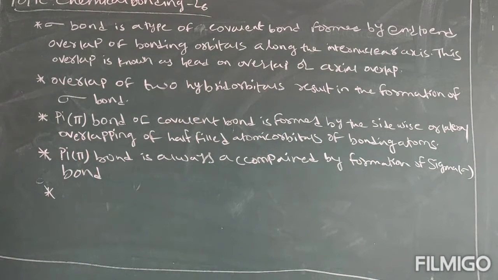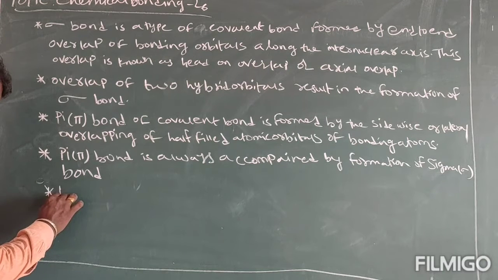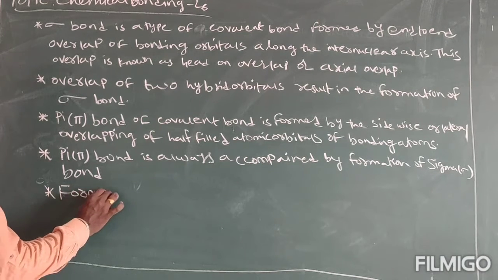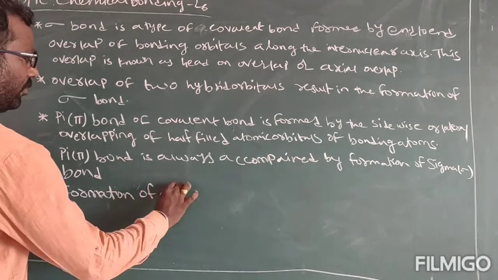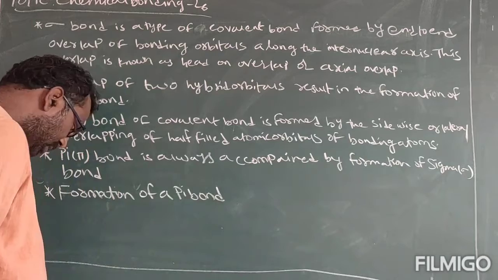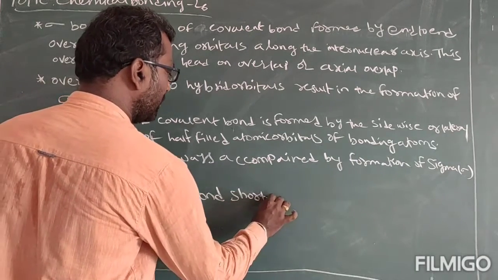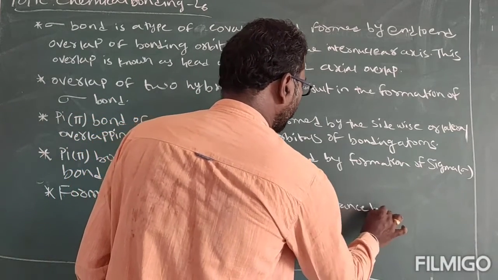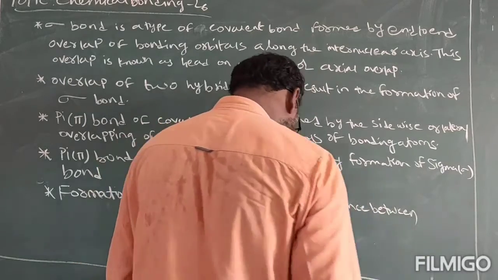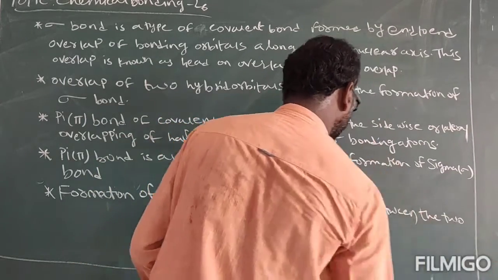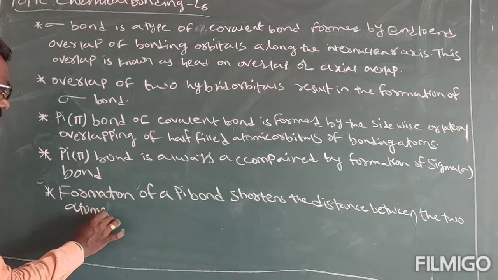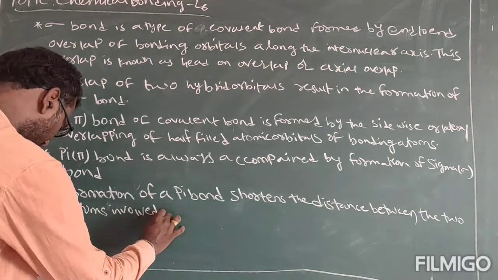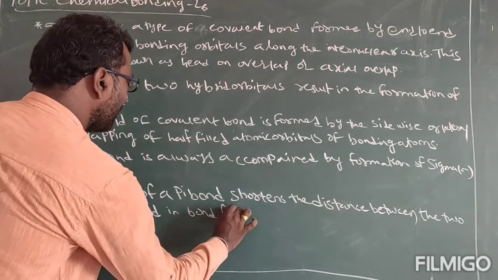So formation of a pi bond shortens the distance between the two atoms involved in bond formation.